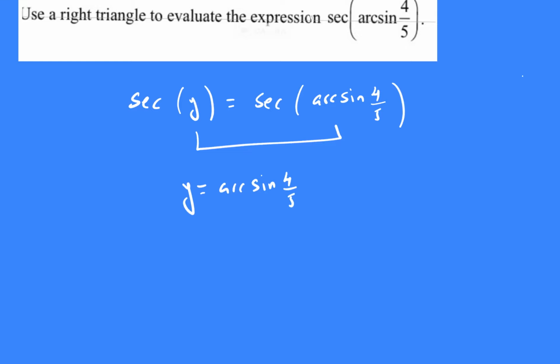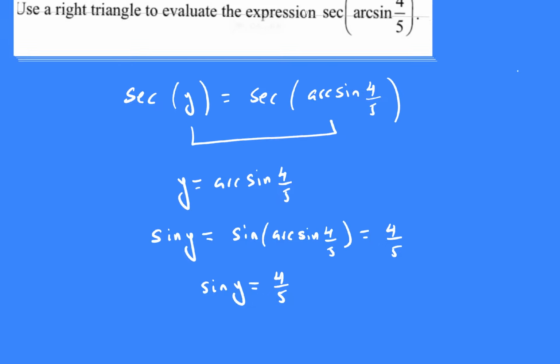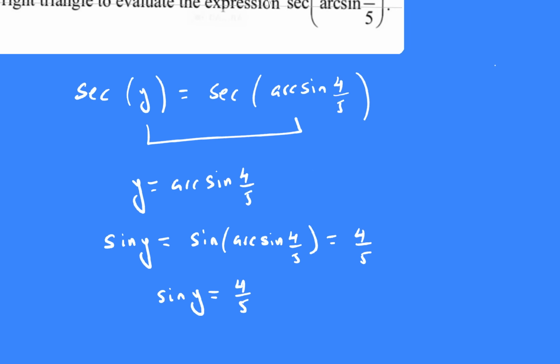If I apply the inverse function of the arc sine, which is the sine, sine of y should be equal to the sine of the arc sine of 4/5, in other words 4/5. So the equation that I will have is that sine of y is 4/5. Now the problem is to use right triangles to evaluate secant of arc sine of 4/5.